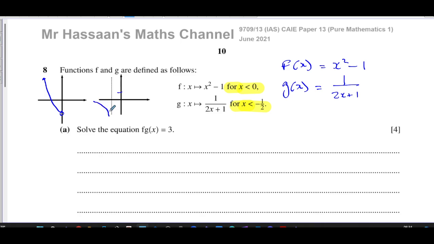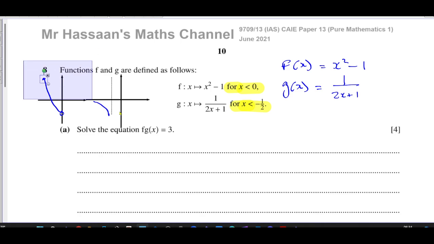So it will be something like this and like this. Now, because the domain is restricted to x is less than negative a half, that means we need to get rid of all of this side. So it only exists on this side. That part doesn't exist. All right, so that's how you draw those individual functions if you had to draw them.